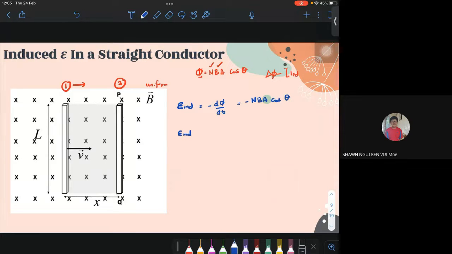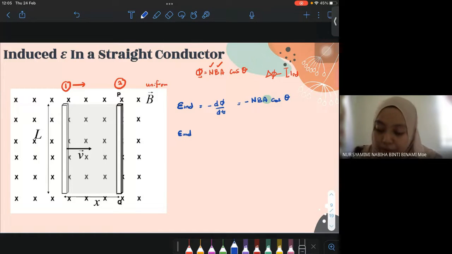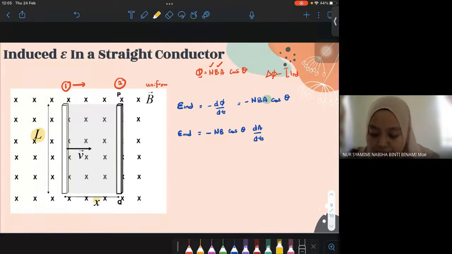E induced: what changes is the area. So the change needs to be divided by time. We will get E induced equals negative N B cos theta dA over dt. But now A is the area. If you look here, it is length times width. So our length is L, and its width is X. So our area A is equal to L times X. This is our surface area.